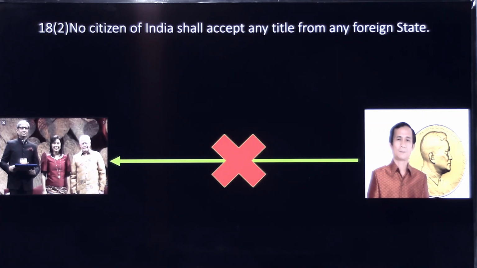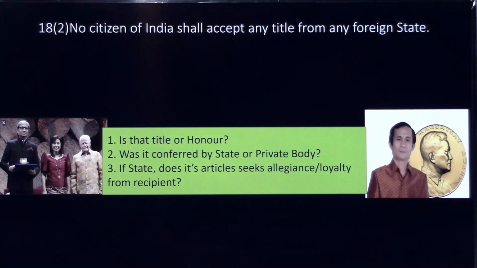To decide whether an award is a title or not, there are three criteria you can see on the screen. The first is that you need to check whether that award is a title, honor or any kind of decoration. Number 2 is whether the award has been conferred by a state or a private body, which in this case was a private body, the Rockefeller Brothers from New York.